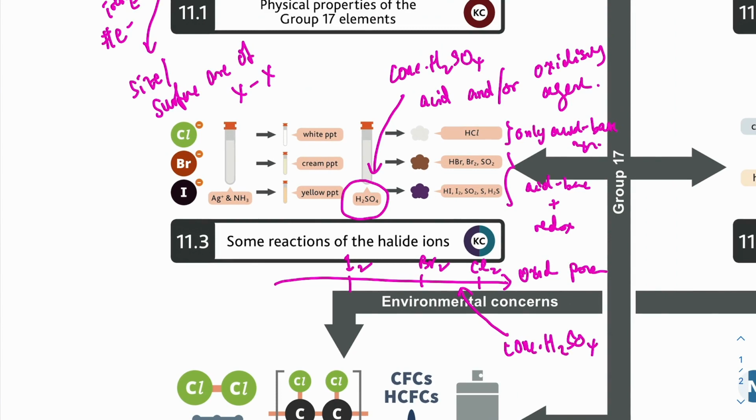You will see a lot of these in group 17 questions in my topical playlist. A lot of them revolve around this particular simple diagram, where concentrated sulfuric acid is a stronger oxidizing agent than bromine and iodine, but a weaker oxidizing agent than chlorine. So it cannot oxidize the Cl- to Cl2. It only stops at acid-base reaction.